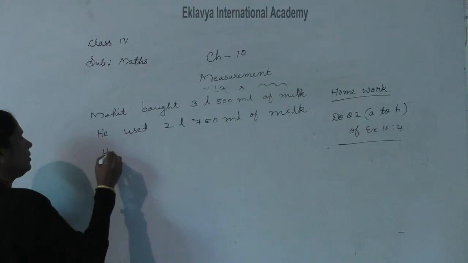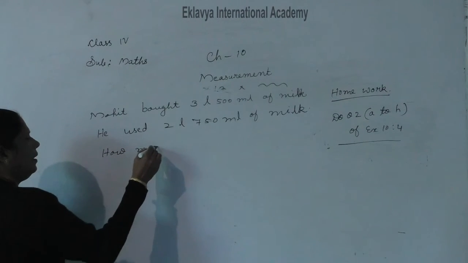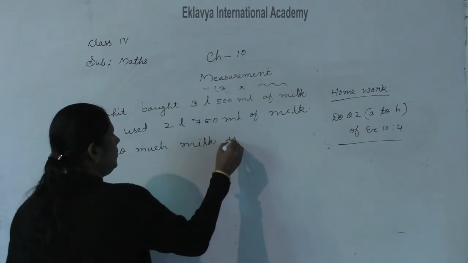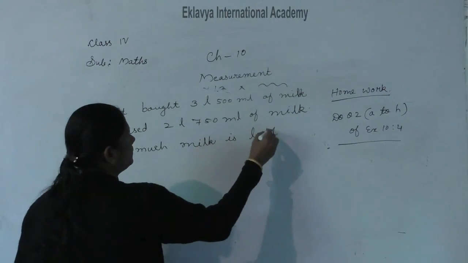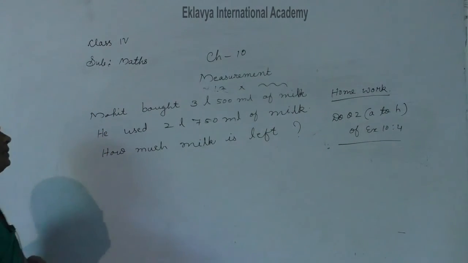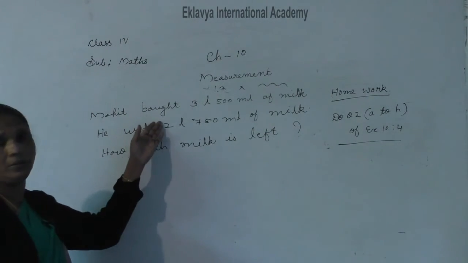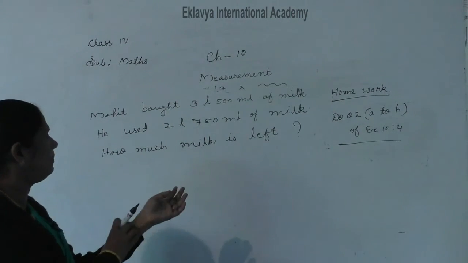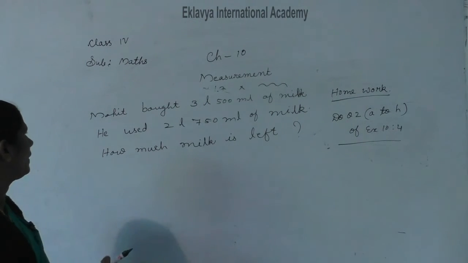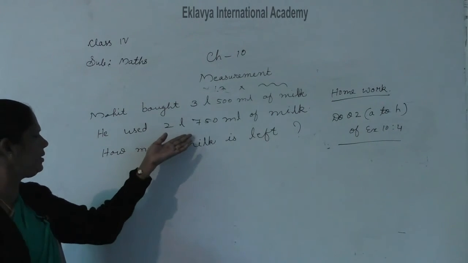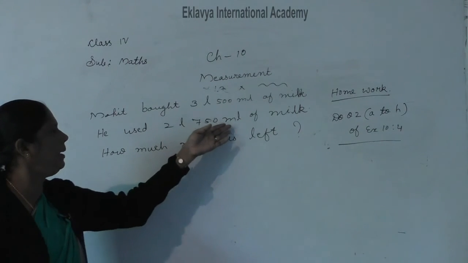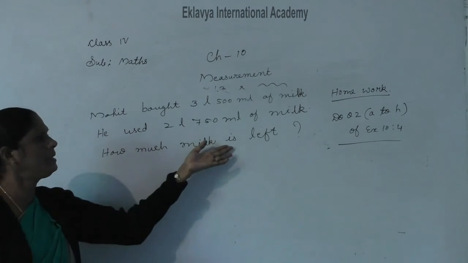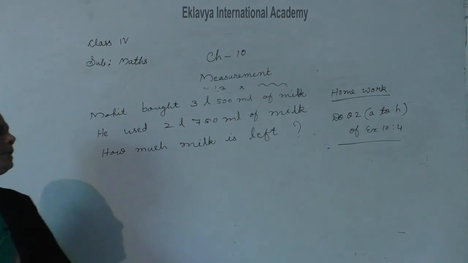How much milk is left? Listen. Mohit bought 3 liter 500 ml of milk. He used 2 liter 750 ml of milk. How much milk is left?